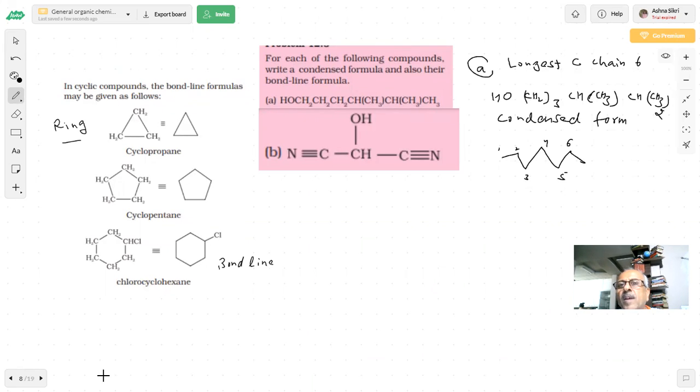And there is a methyl group. Where is the methyl group?